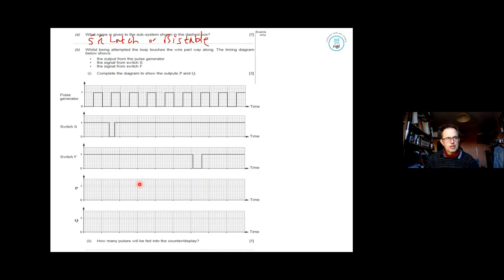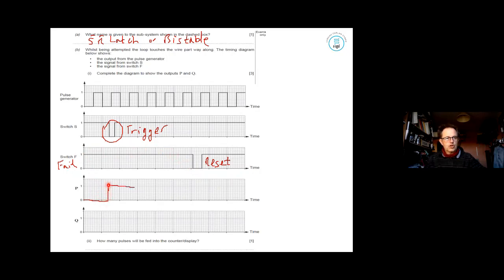Yes, latches, always handy. Looking at the sort of diagram we've got here, that switch S goes low. That means that's the trigger. So not S, 0 will trigger things. Looking at the switch R, we've got the 0 happening in this bit. So from the diagram, that was a reset. Looking at the diagram itself, we're going to start to draw it here.